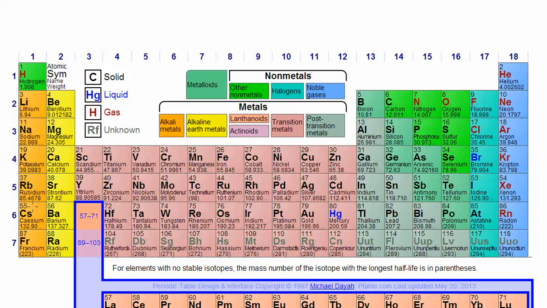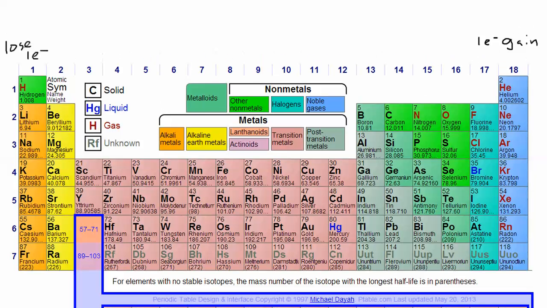So all of these elements want to lose 1 valence electron. So over here, these guys want to gain 1 electron. And over here in this column, these guys all want to lose 1 electron.